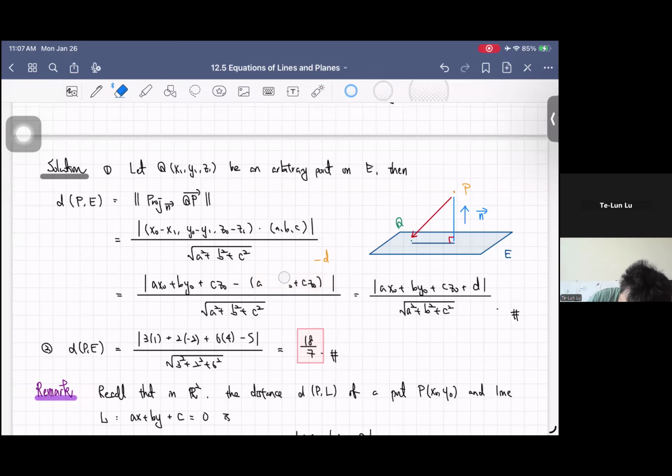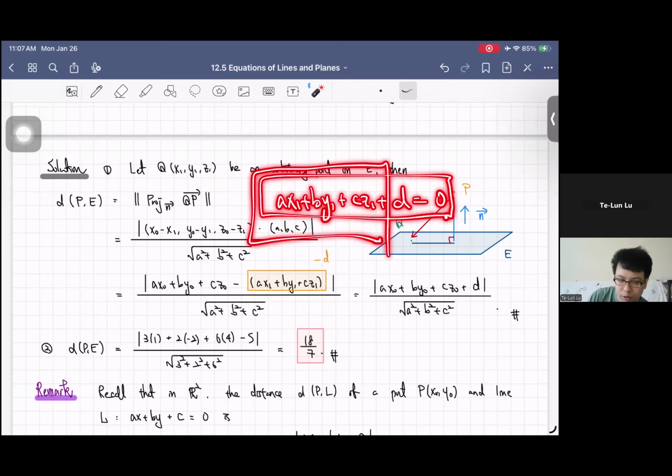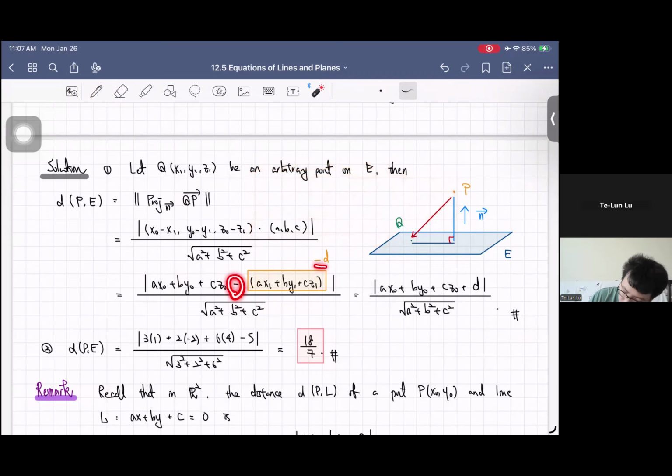So it'll be a x1 plus b y1 plus c z1. Given that x1, y1, z1 lies on the plane, a x1 plus b y1 plus c z1 plus d is actually 0. That's the definition of being on the plane E. So this quantity is actually minus d. So you're subtracting minus d, giving you our desired formula.